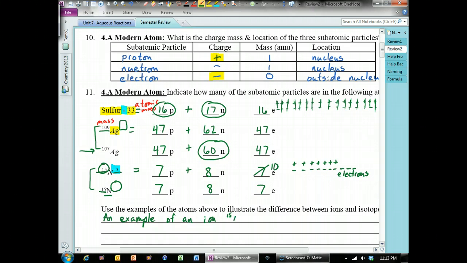That's an example of an ion because it has a charge, a charge due to an unequal number of electrons compared to protons.